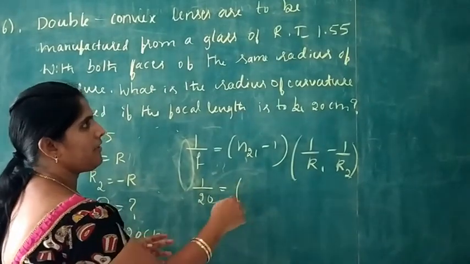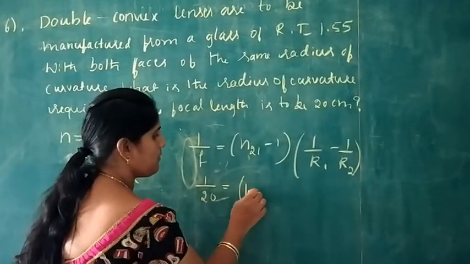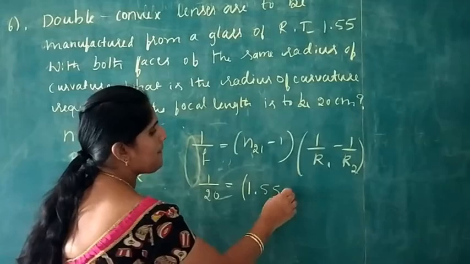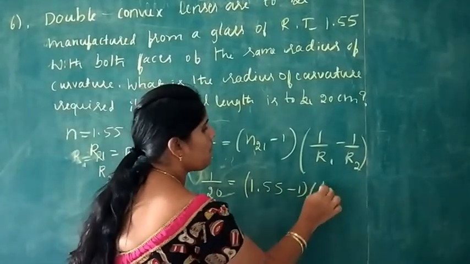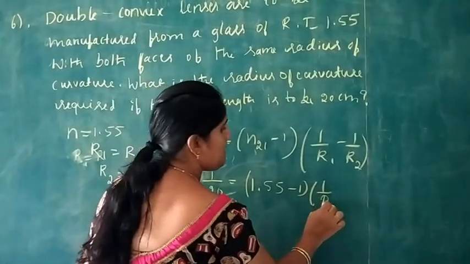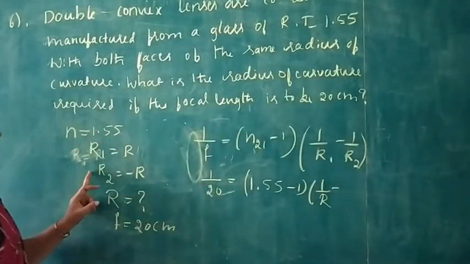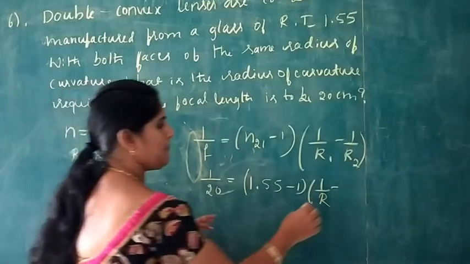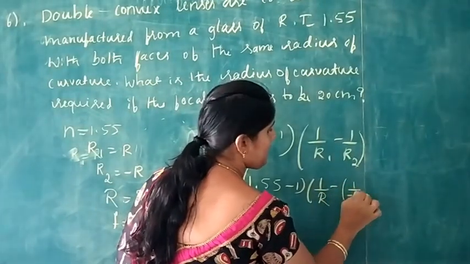So 1.55 by 1 is 1.55. So we put directly 1.55 minus 1 into 1 by R1, R1 is R, minus 1 by R2, R2 is minus R, minus of 1 by minus R.